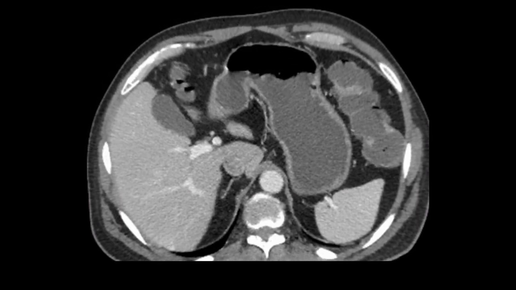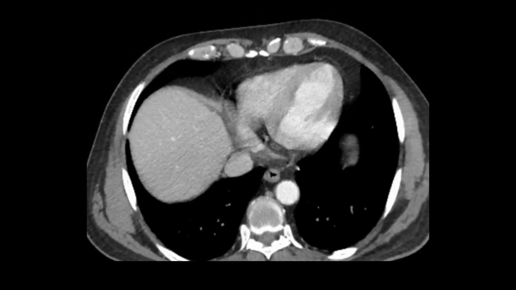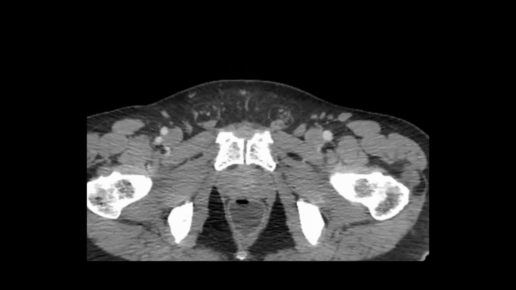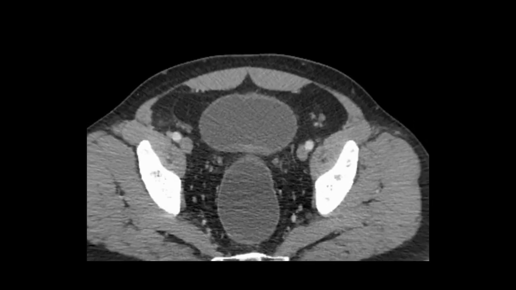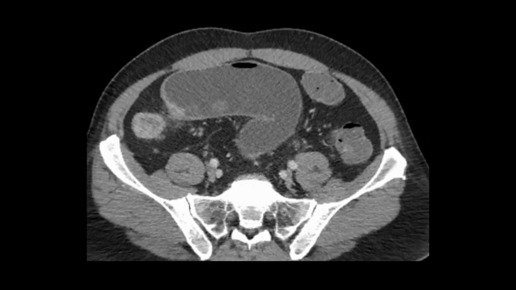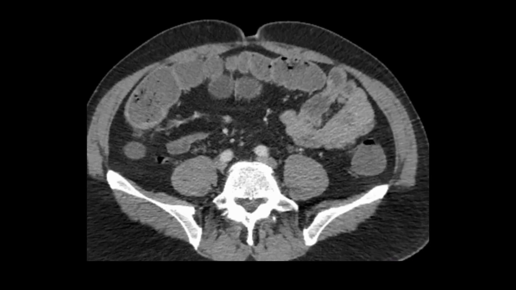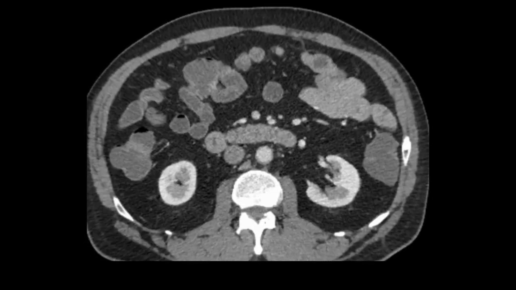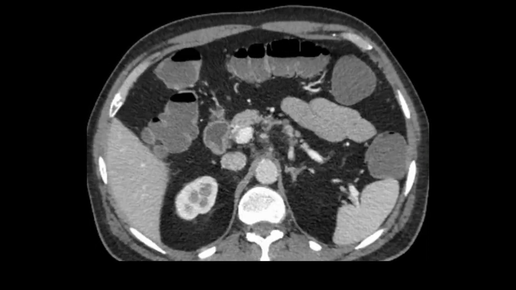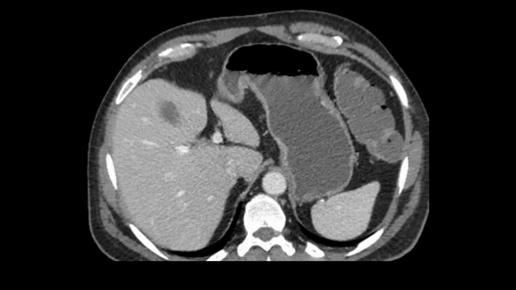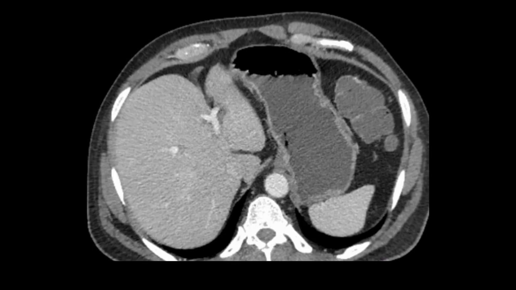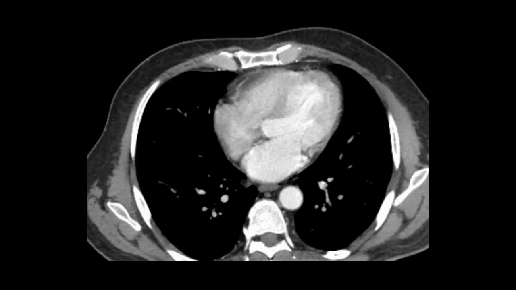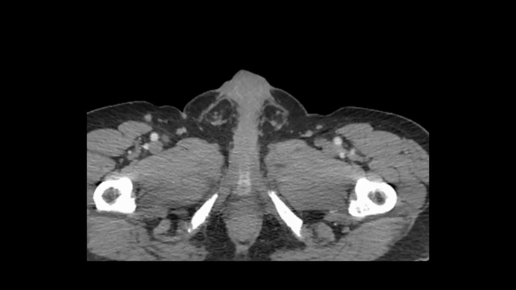So going up, again going up, right? I am sure most of you have identified.